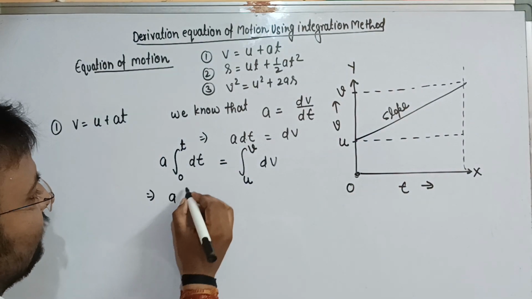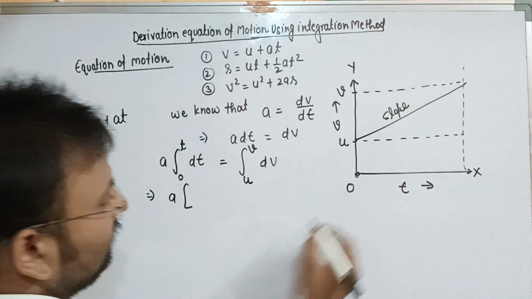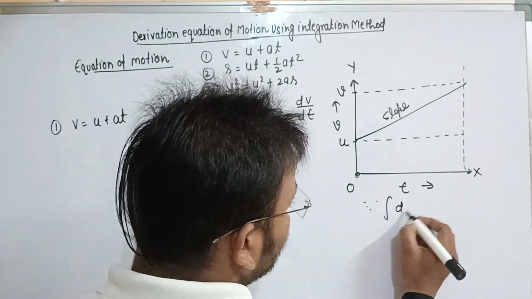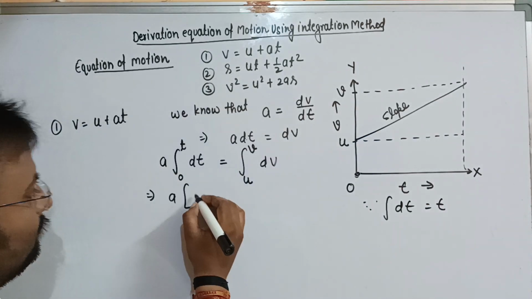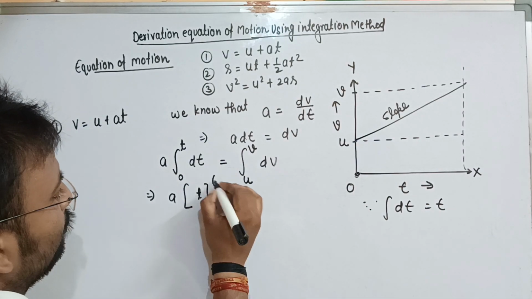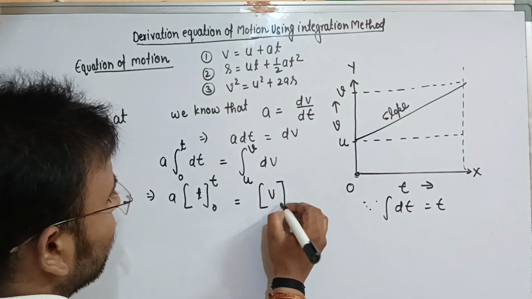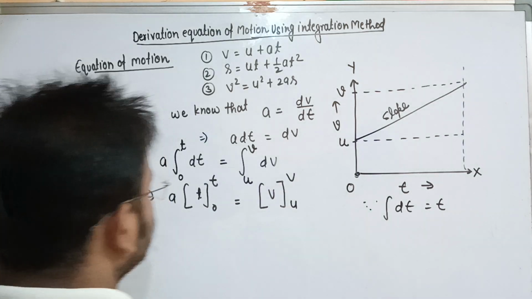The integration of dt is equal to t, with limit 0 to t, and this is equal to v with limit u to v.